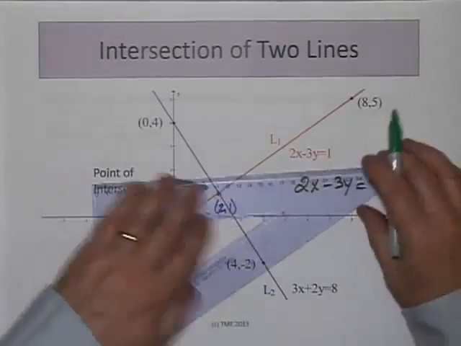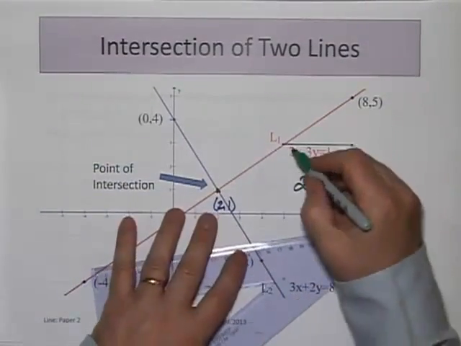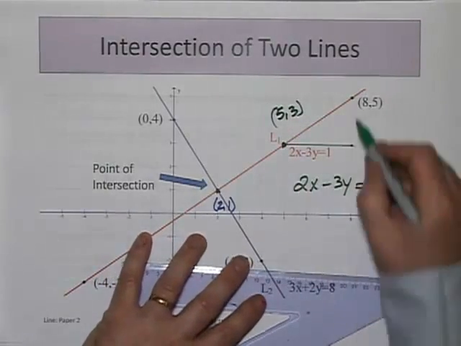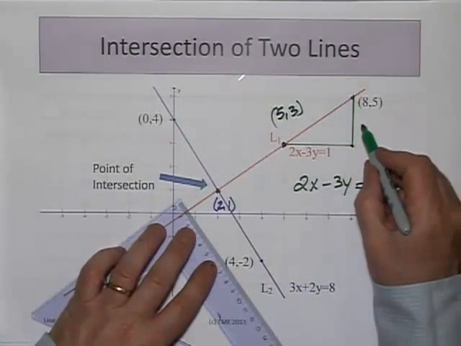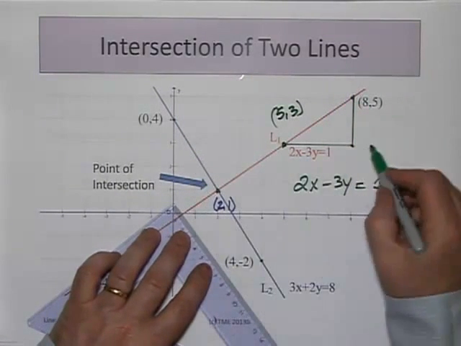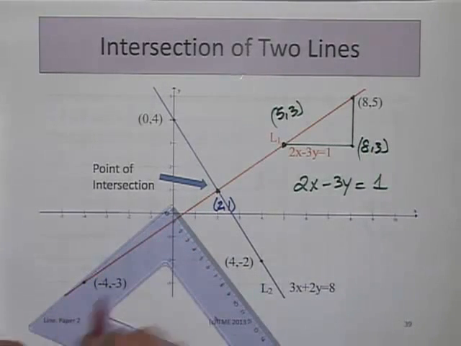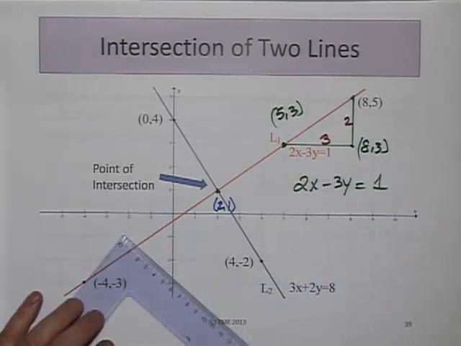I can see on the graph here that this point here is a perfectly good point, and so is this one. And to me, that looks like I'm going up. It looks like for every 3 I go out, from 5 to 8, I go up 2.